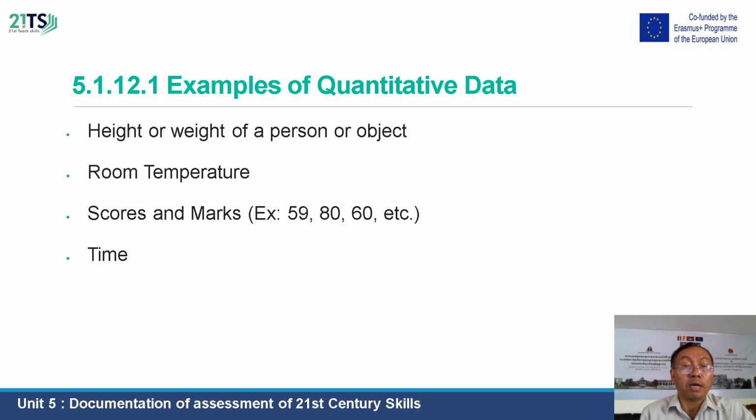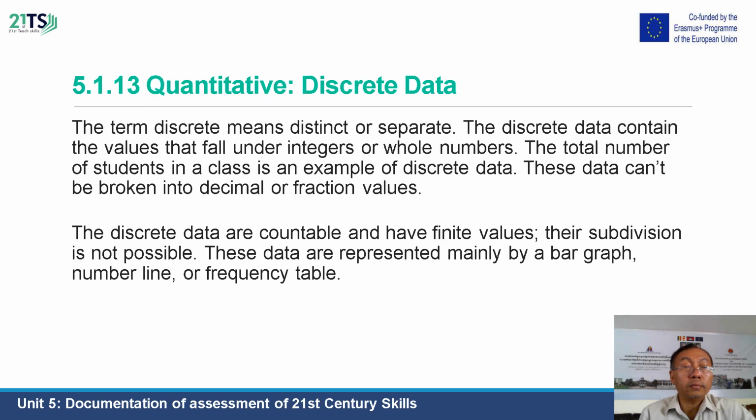Here are some examples of quantitative data. Information related to the height or weight of a person or object, room temperature, the scores and marks from a student's exam, or the time a student earns fall under the category of quantitative data. A subset of quantitative data is known as discrete data.